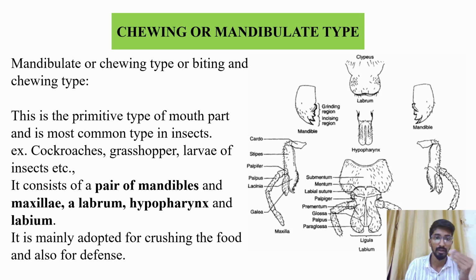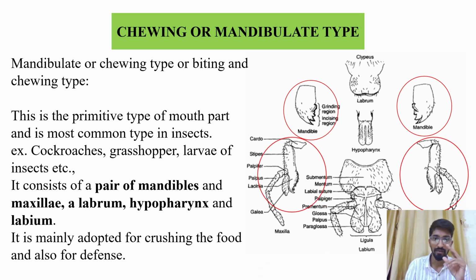It is a very primitive type of mouthpart, as you can see in most of the insects, for example cockroaches, grasshoppers, larvae of insects, etc. In this chewing or mandibulate type of mouthparts, you can see a pair of mandibles, a pair of maxillae, one labrum which is called upper lip, and one labium which is called lower lip.